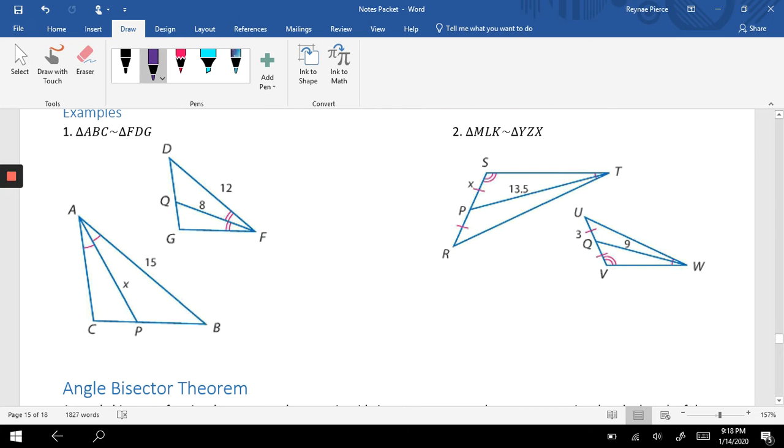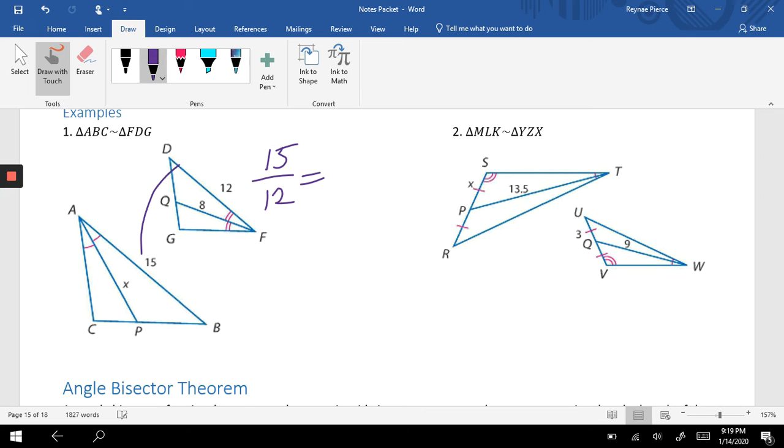So a couple examples here. Example one. We've got two similar triangles. AB and FD are corresponding sides, so that can be one of my ratios in my proportion.